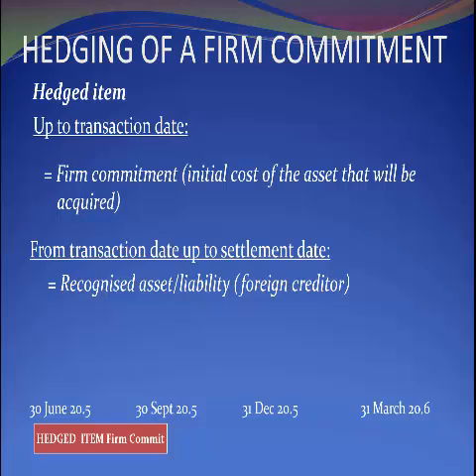Now, from the transaction date up to settlement date, we are going to hedge the recognized asset or liability, which in this case will be the foreign creditor. So, on transaction date, you're not hedging that firm commitment anymore because the transaction has happened, and therefore you will put the asset in your books as a non-monetary asset, and on the other hand you'll have the creditor, which is still a monetary item and which still has to be paid in the future, and it can have fluctuations.